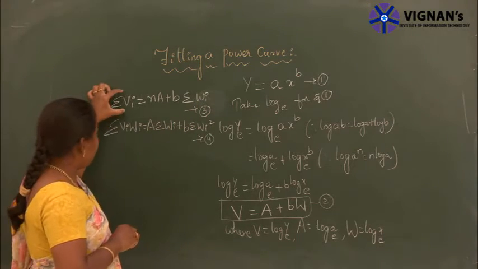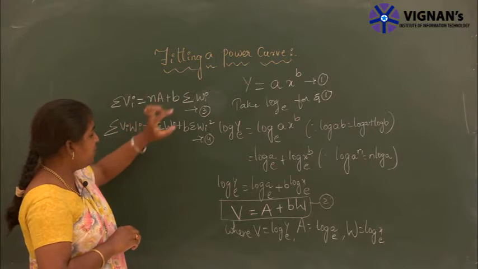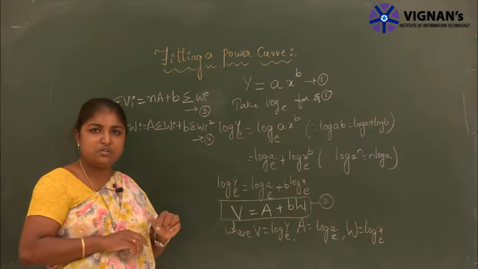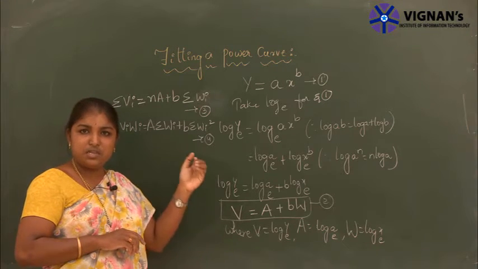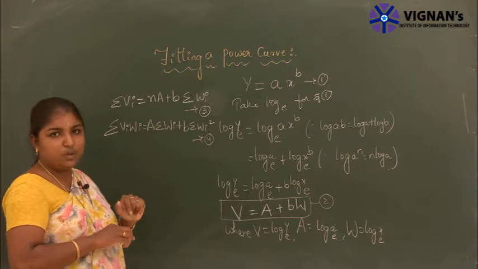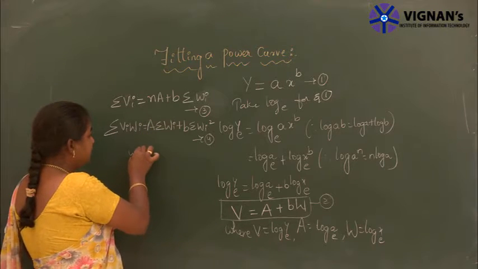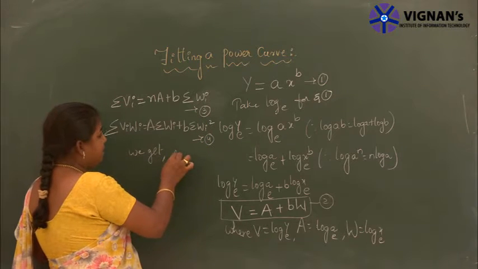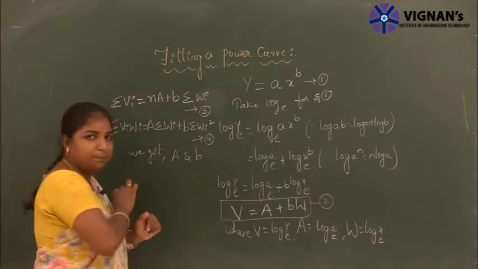These values, summation Vi, summation Wi, summation Vi Wi, and summation Wi squared, we find by using the given data and substituting. Solving equations 3 and 4, we get capital A and small b.